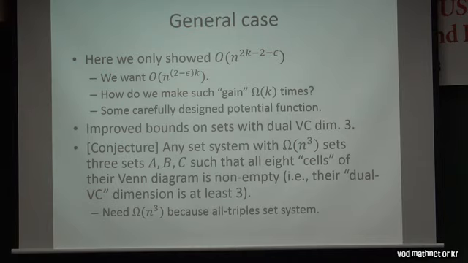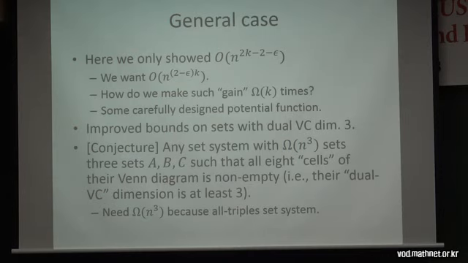So our current bound gives us n to the 3.75. The proof was non-trivial. I think n to the 4 could be doable in an elementary way, but our proof for even n to the 3.75 was non-trivial.